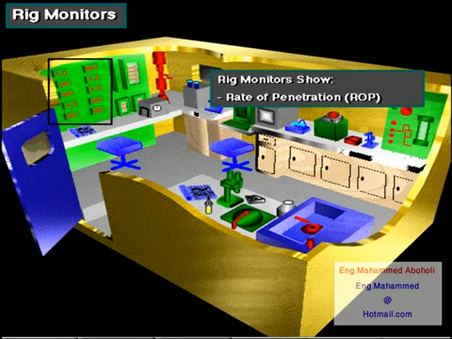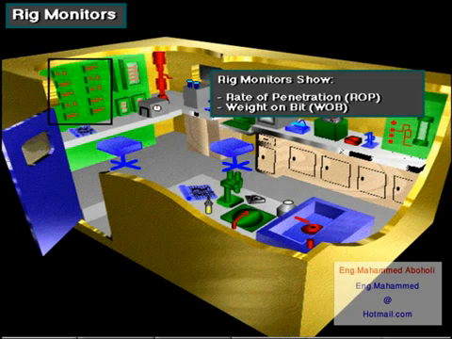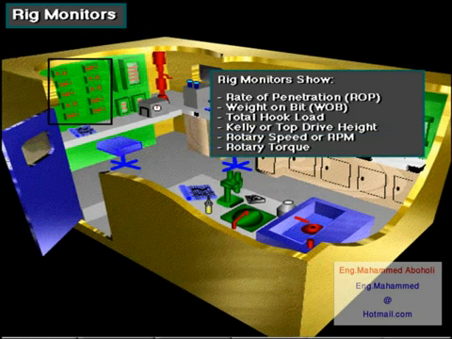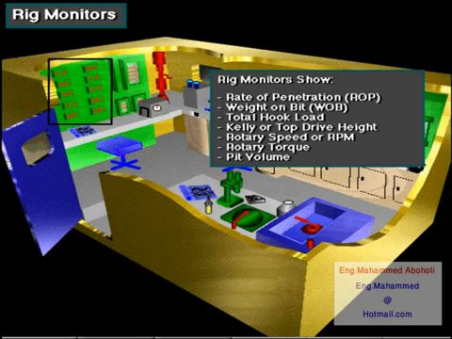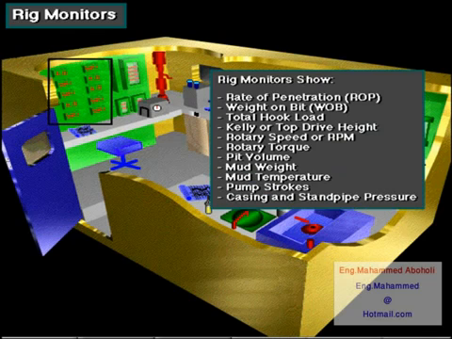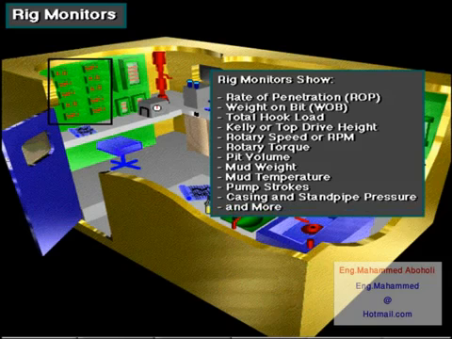The rig monitors show the rate of penetration, or ROP, how fast the bit is drilling, weight on the bit, or WOB, total hook load, Kelly or top drive height, rotary speed, or RPM, rotary torque, the twisting force on the drill string, pit volume, the level of mud in the mud tanks, mud weight in and out of the hole, mud temperature, pump strokes, casing and standpipe pressure, and other information.